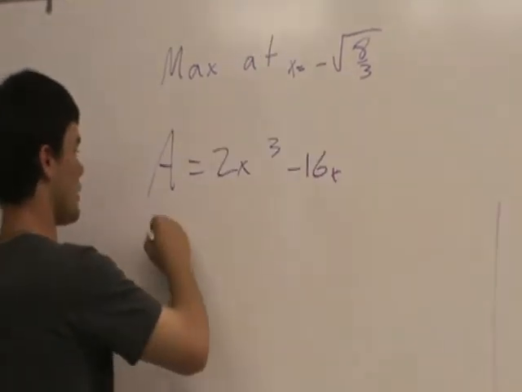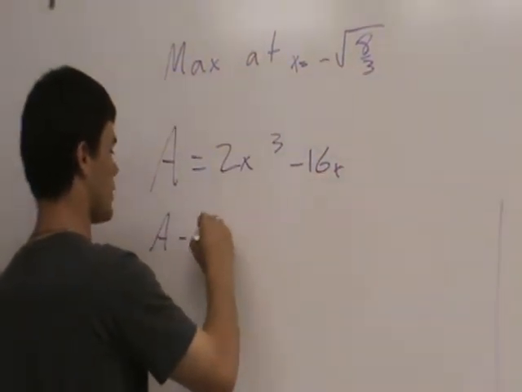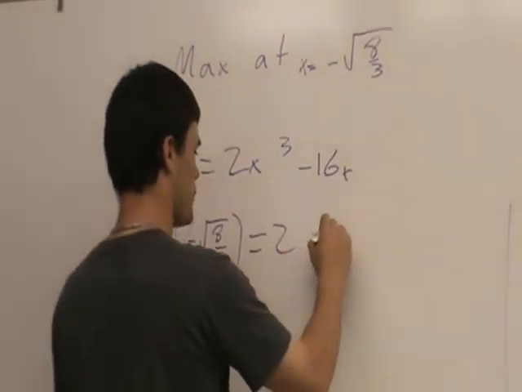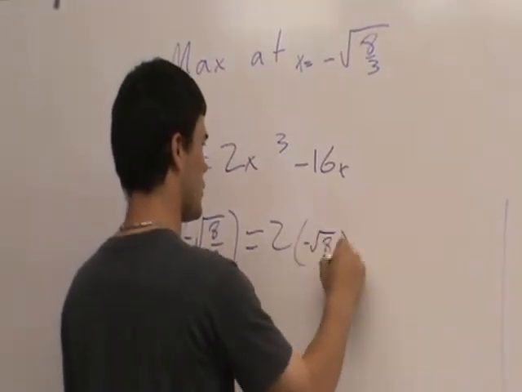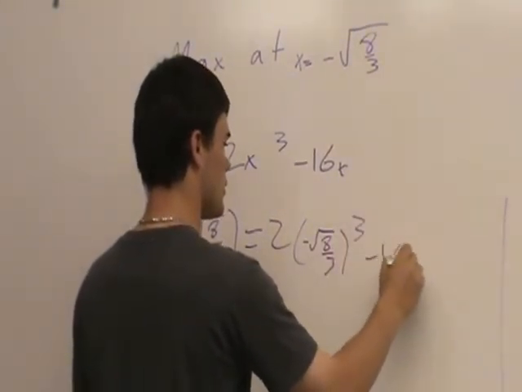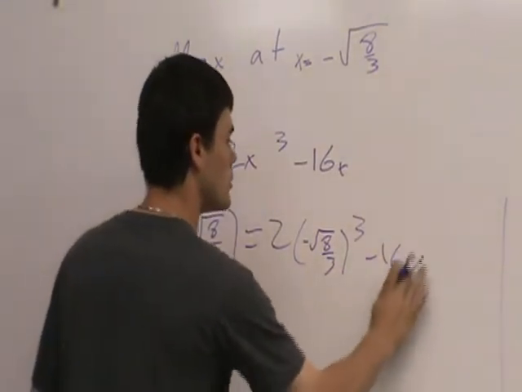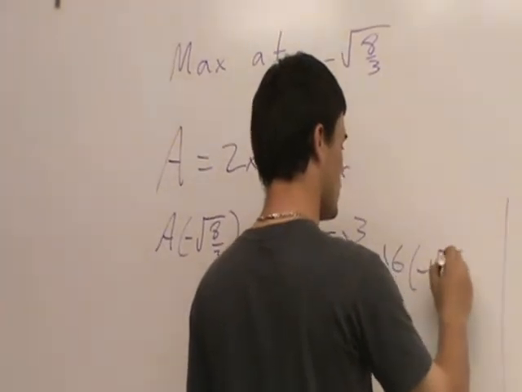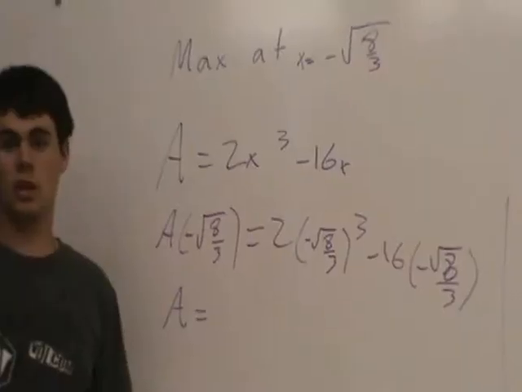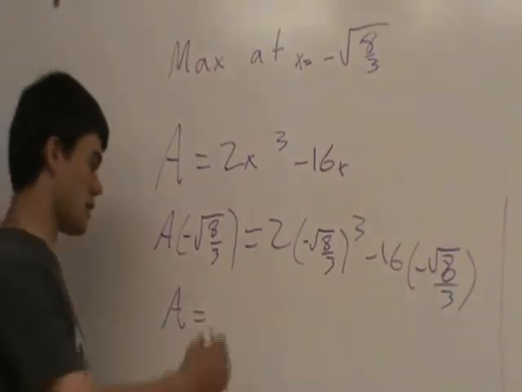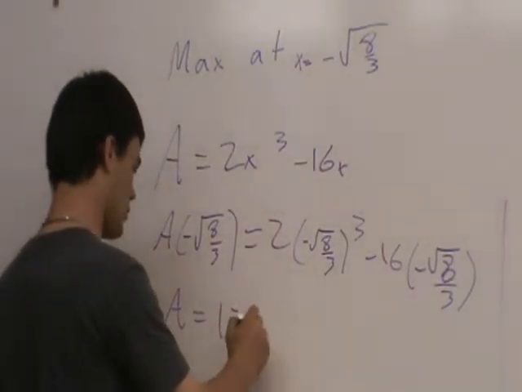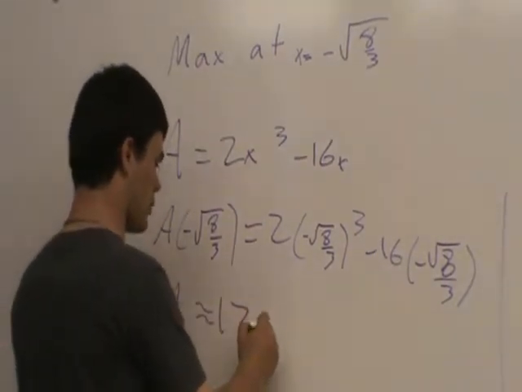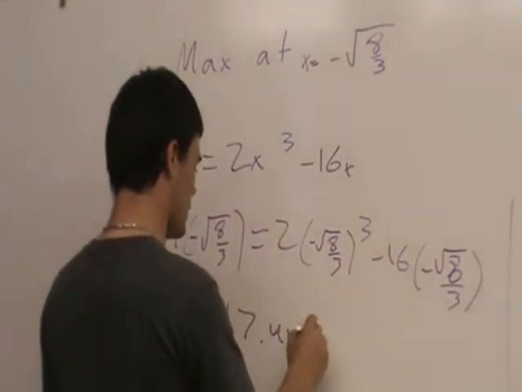Plugging in negative square root of 8/3 into our calculator, we found that our answer is approximately 17.4186 units squared.